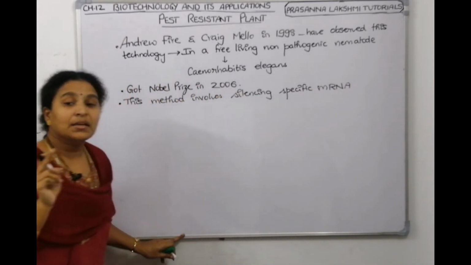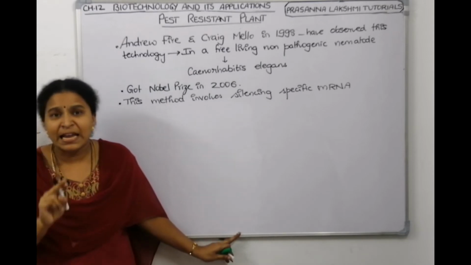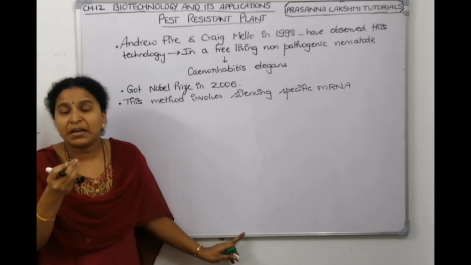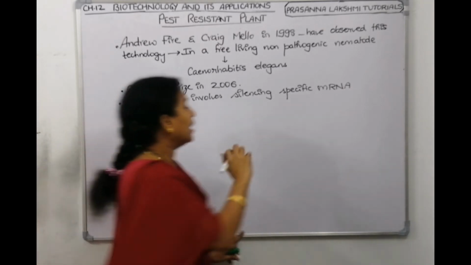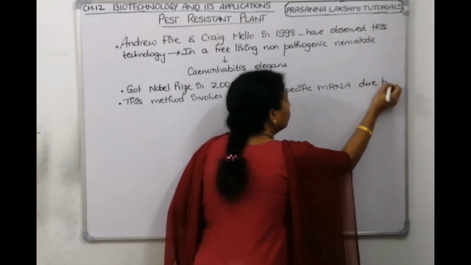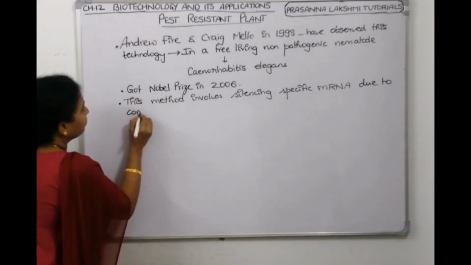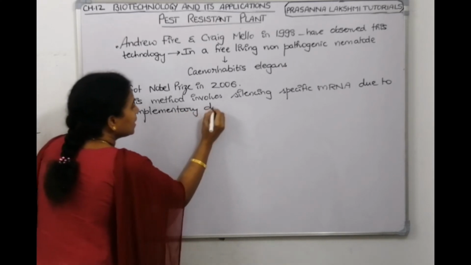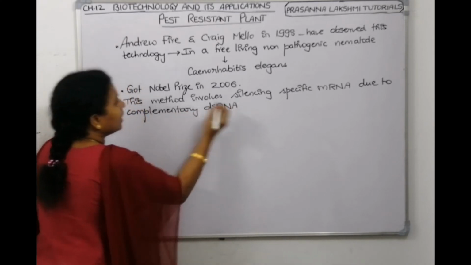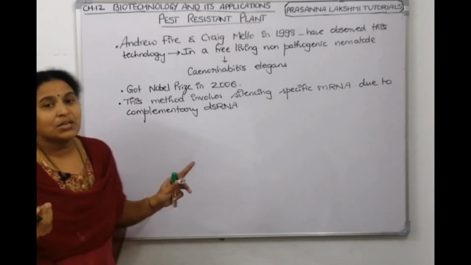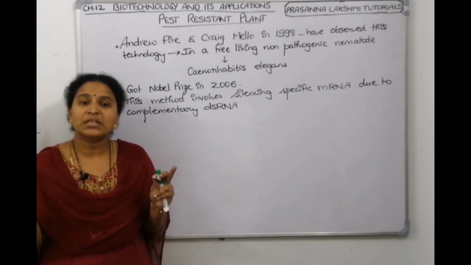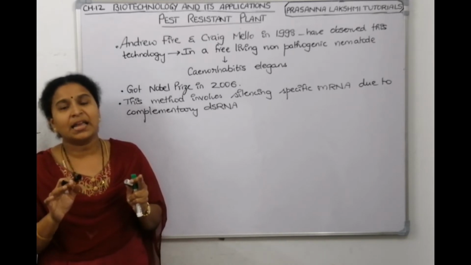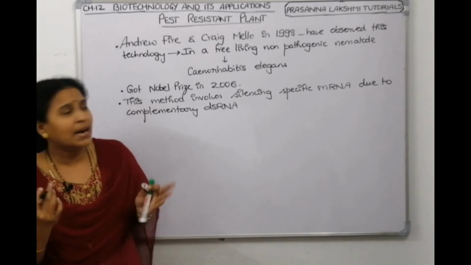We are making the nematode's mRNA silent. Due to complementarity, you have given another RNA, a complementary RNA, and made it double-stranded RNA. This is what the NCERT sentence says, double-stranded RNA. We are making the nematode's RNA silent by converting it into double-stranded RNA, and we are preventing translation.